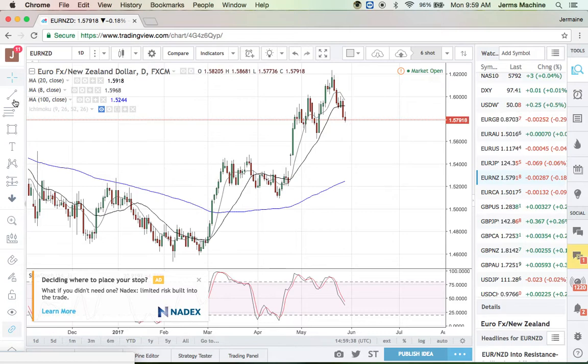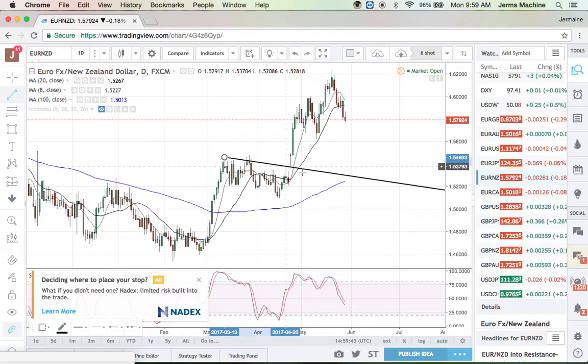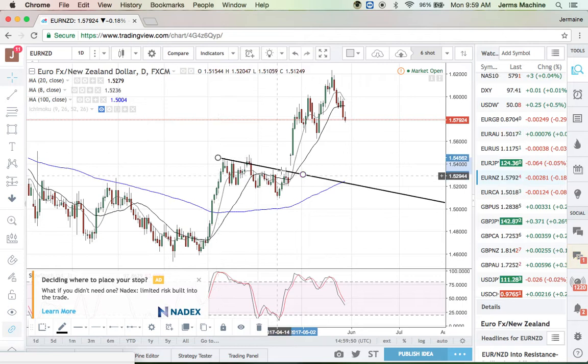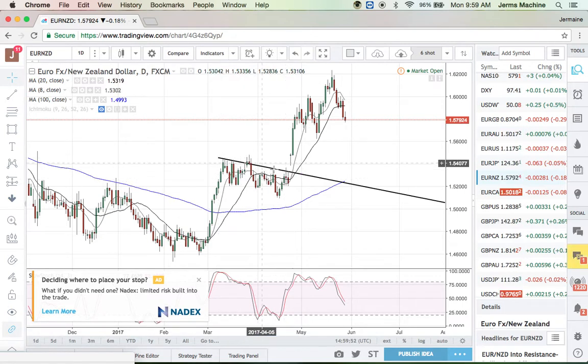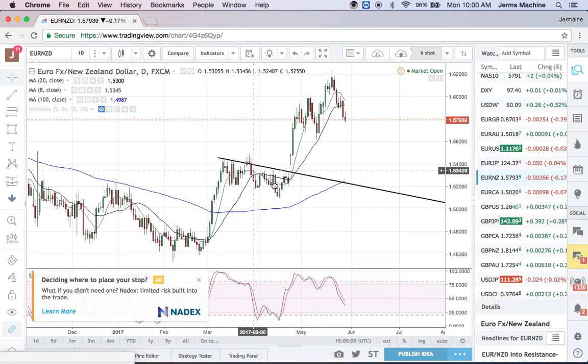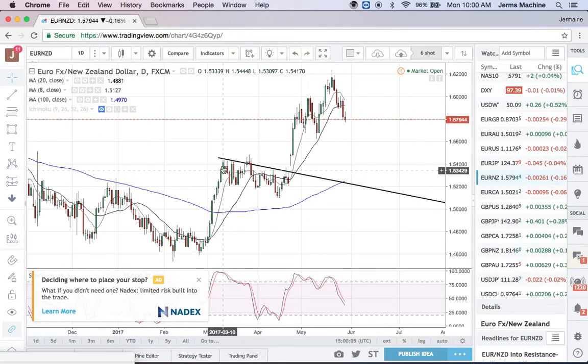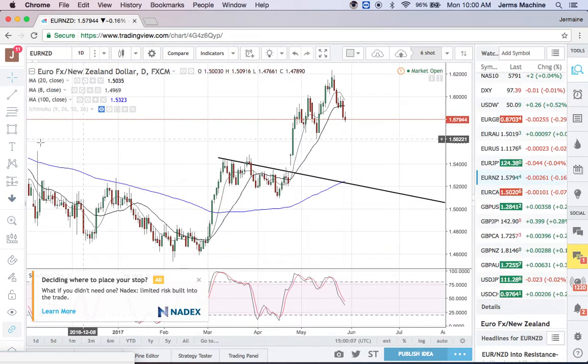So if you follow the parameters and just draw your trend line in, here's your trend line connecting these highs, and you wait for the break. You're saying, hey, whenever this thing breaks, I'm in. Here's your flagpole. Here's your flag. And what should happen is you should get a move equal to the flagpole.